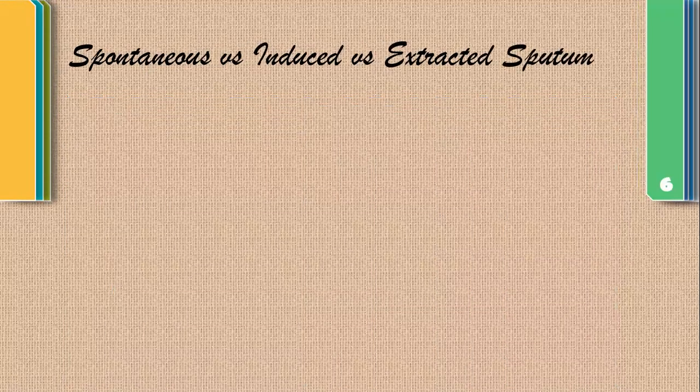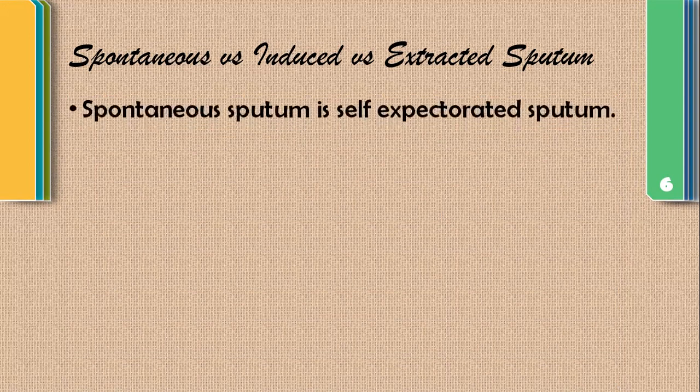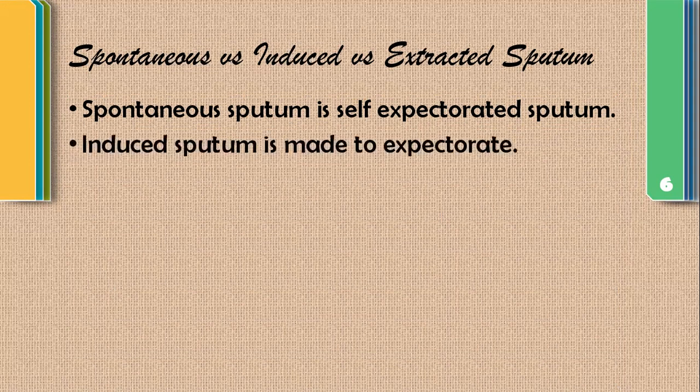Now, the next thing that we will be talking about is spontaneous versus induced versus extracted sputum. What are these? The first is spontaneous sputum. Spontaneous sputum is the sputum which is expectorated by the patient himself or herself naturally without the physician's aid. Whereas induced sputum is the sputum which is expectorated by the patient but with the help of the physician via the use of nebulized hypertonic solutions.